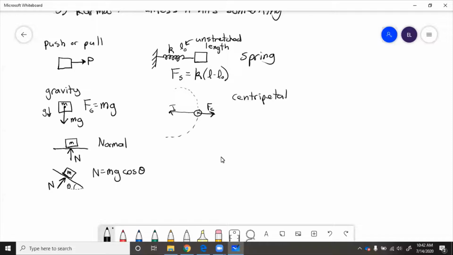The centripetal force, Fc, equals m v squared over r. From the center of the circle, that distance is r, and v is the velocity.